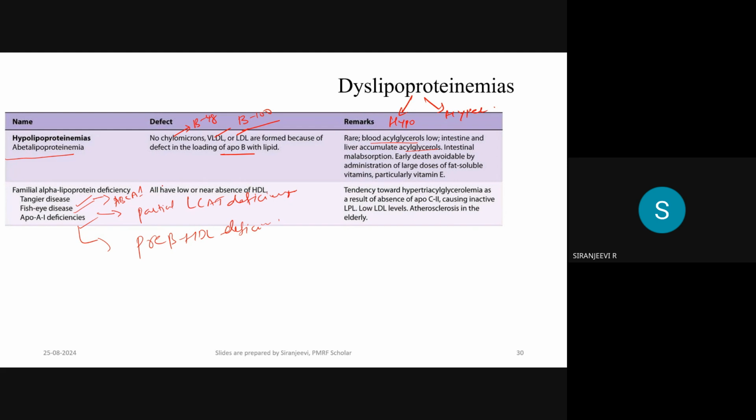So these are all related to low or near absence of the HDL molecule. This has a tendency towards hypertriacylglycerolemia as a result of absence of ApoC2, causing inactive LPL, and low LDL levels will be maintained, and atherosclerosis has been seen in elderly people.